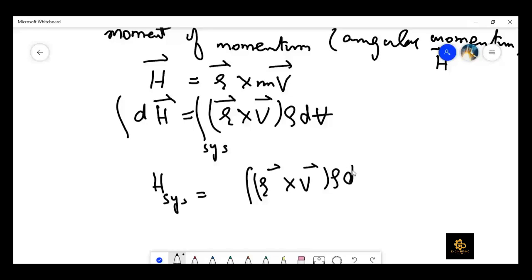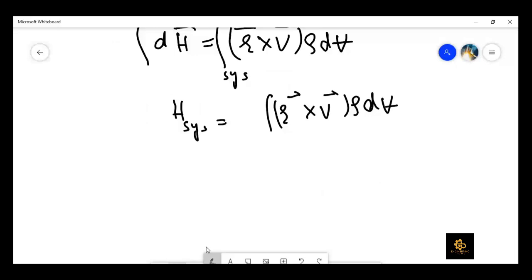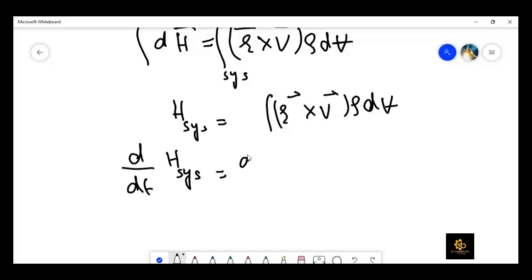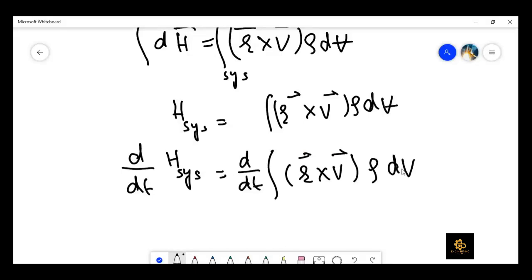And if we want to know the rate of change of angular momentum, then we would divide both sides by dt, d by dt of r cross V rho dV. Right?